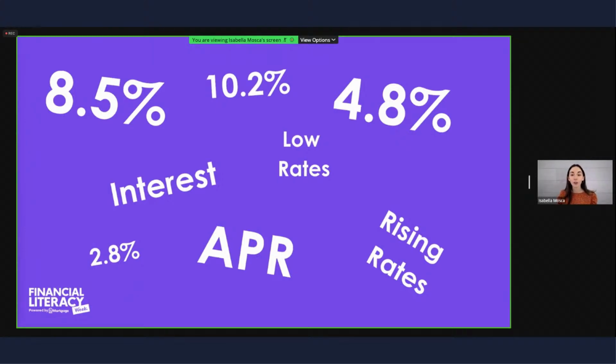Like I said, whatever comes to mind, share that in the chat for the next 30 seconds to a minute. And interest rates have been a hot topic as of late too, so this is very timely.